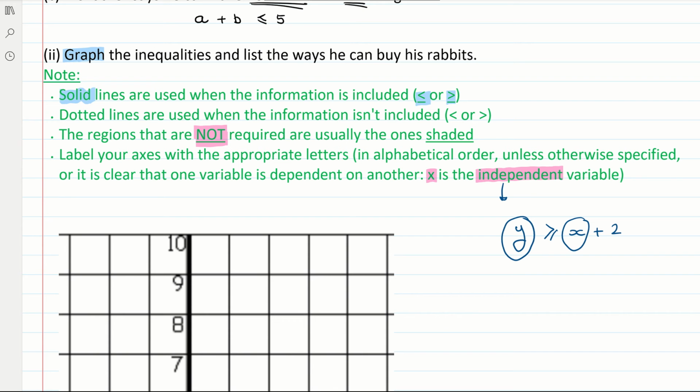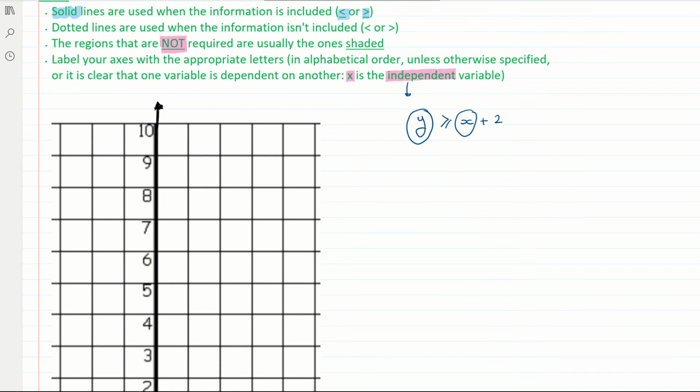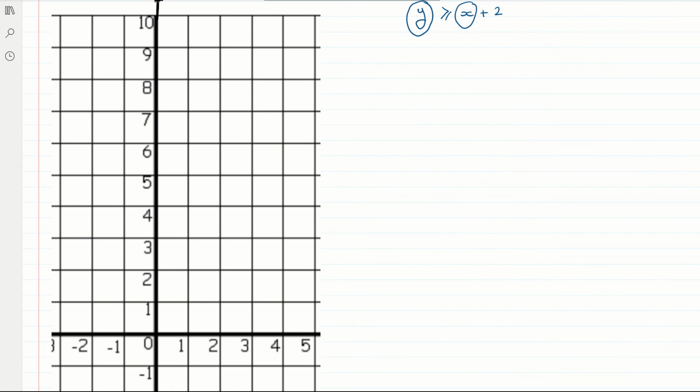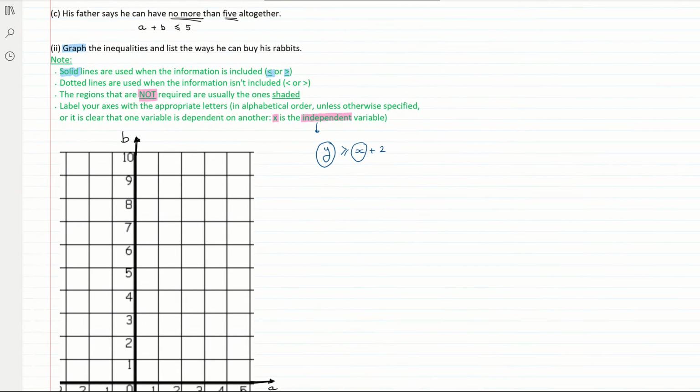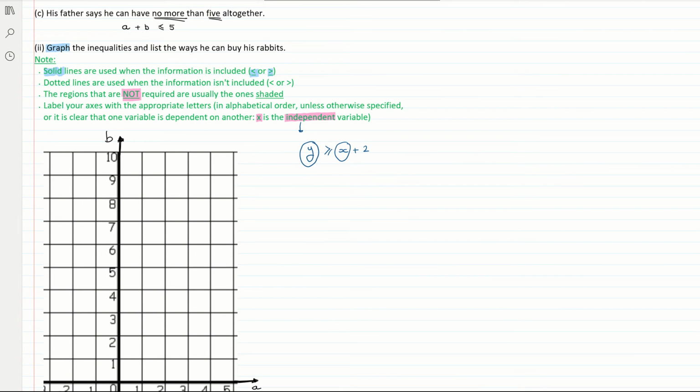However, for this one, they have not told us anything, and white rabbits and black rabbits are not dependent or independent on each other at all. So I'm going to take it in alphabetical order, which means this is A and this is B. So, very, very important.